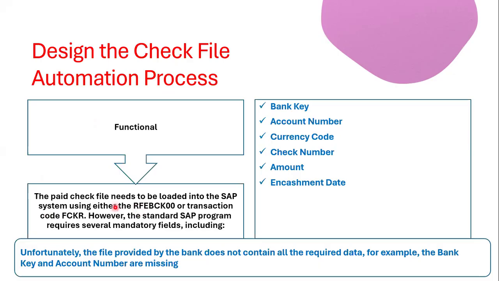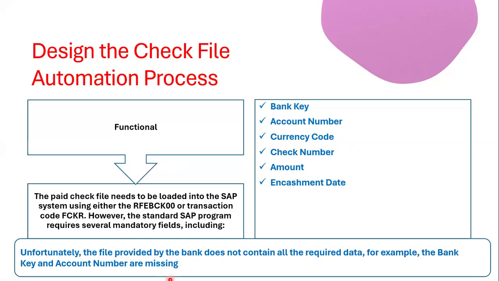You can use transaction FCKR, which is the standard program for that. However, the standard SAP program requires several mandatory fields, including bank key, account number, currency, check number, amount, and encashment date. Encashment date is nothing but when the check got paid from the bank side. Okay. Until this, do you have any questions?